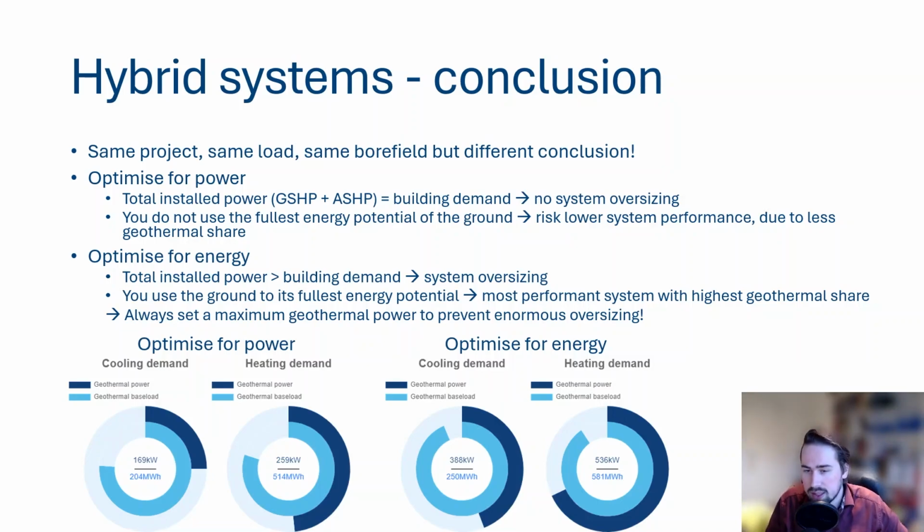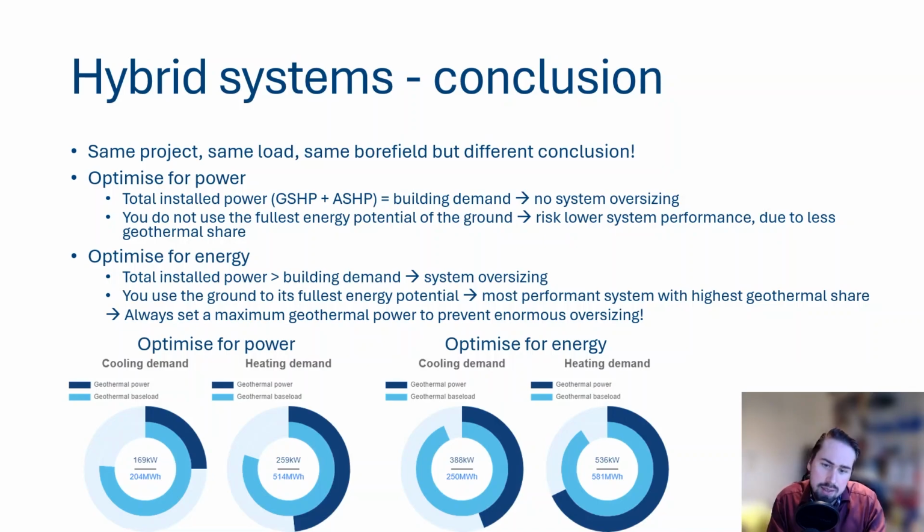But as you can see, the circle is not totally full, and that's because we still have our hybrid system, because we cannot be sure that we can use this power in every year of the simulation period. So if you look at the total installed power, it's bigger than the power that our building requires. So our total hybrid system is oversized, leading to a bigger investment cost.